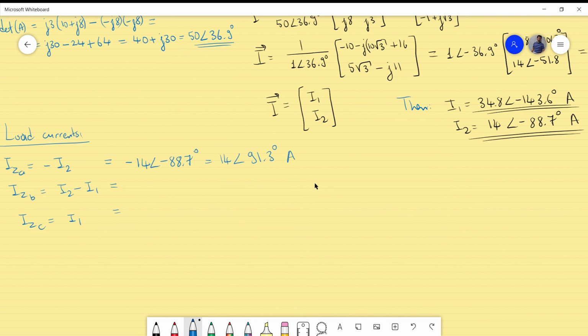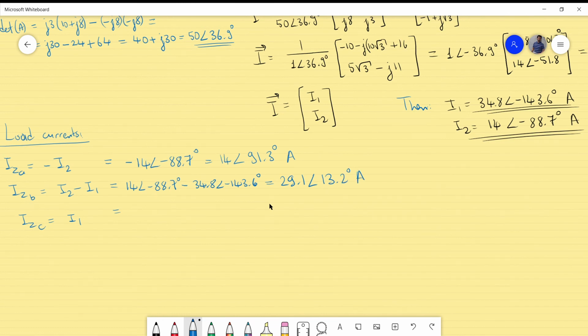The second one will be 14, phase minus 88.7 degrees, minus 34.8, phase minus 143.6 degrees. And this will result, if you do the math again and combine the real parts and the imaginary parts in the rectangular expression, in an end result of 29.1, phase 12.2 degrees in amperes.